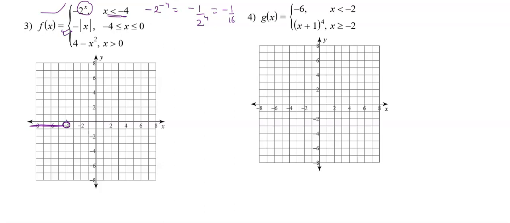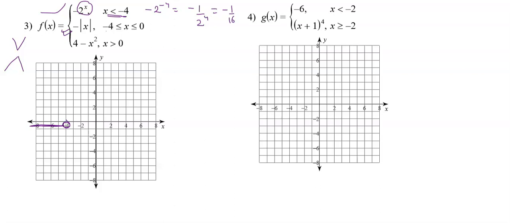f(x) equals negative absolute value of x. Okay, absolute value x graph looks like this, and because it is negative absolute value x, it is a reflection in x-axis. Okay, and let's check for the respective x value, what y value do I get.